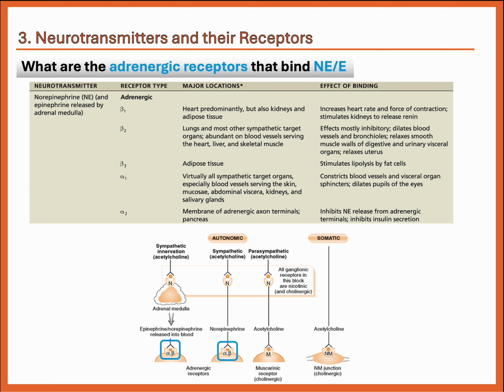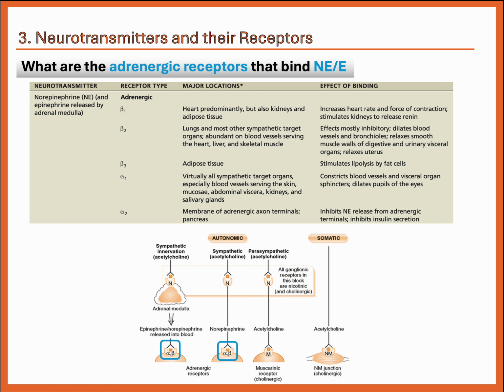What are the adrenergic receptors that bind norepinephrine and epinephrine? Norepi and epi will bind to beta receptors or alpha receptors, okay? These are adrenergic receptors. So here, whenever you see epinephrine or norepinephrine, you see alpha and beta receptors. That's the receptors that they could bind to. And there's many different subtypes that you do not need to know.